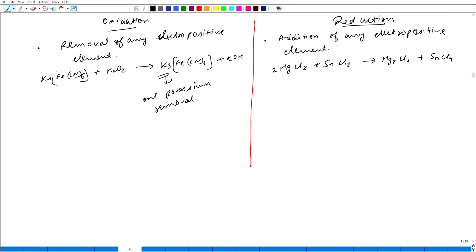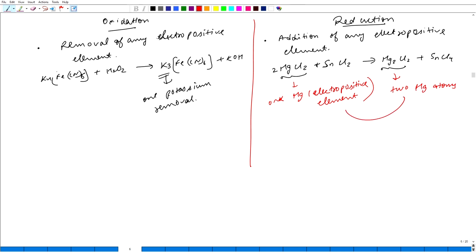How is it an example of reduction reaction? If you see this HgCl2 and this is Hg2Cl2. So, there is 1 mercury, or mercury is an electropositive element, we know. And this is 2 mercury atoms.